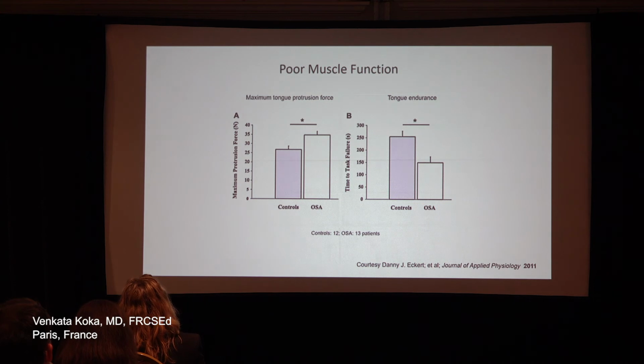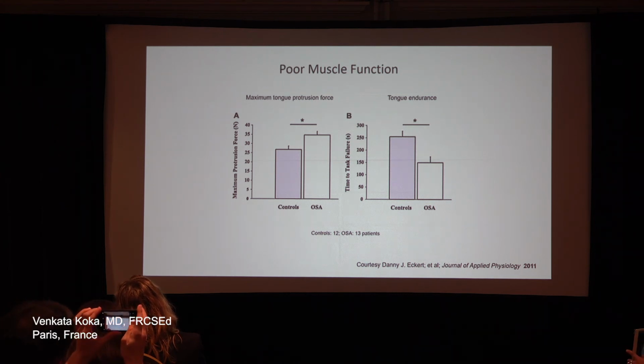This is endurance, you all know, because we said that there is fast contracting. That's the reason why there is an increase here in the maximum protrusion force. At that time, my friend Danny did it with protrusion, and here endurance is halved in these patients. It's normal. It's logical, and we all know about it.